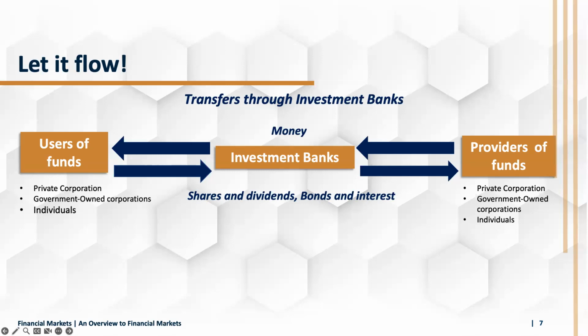Of course, the investment banks will have a ready portfolio of bonds and shares of stocks to be sold to the providers of funds. Now, where does this portfolio come from?